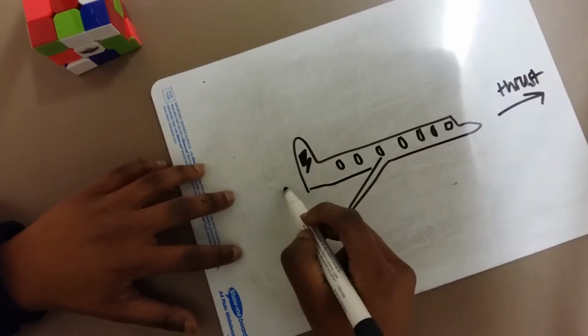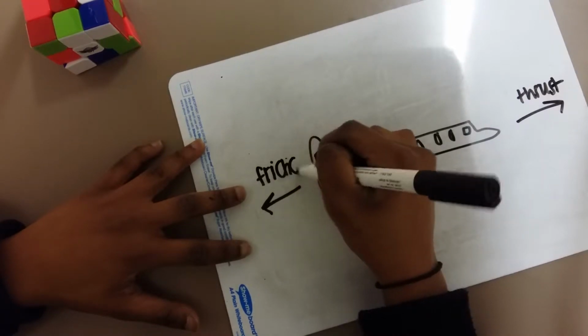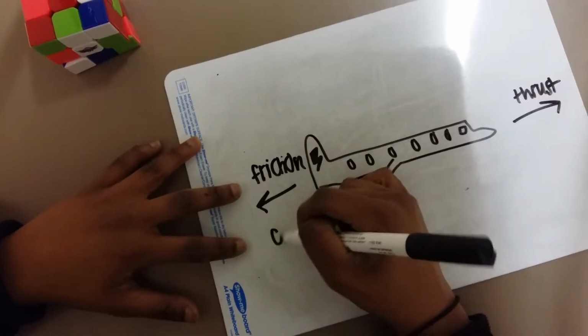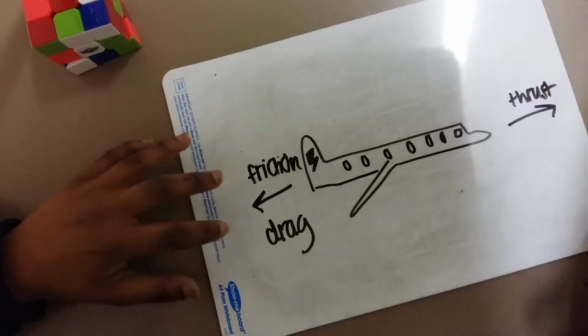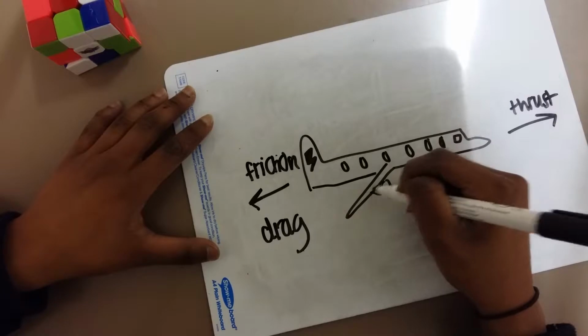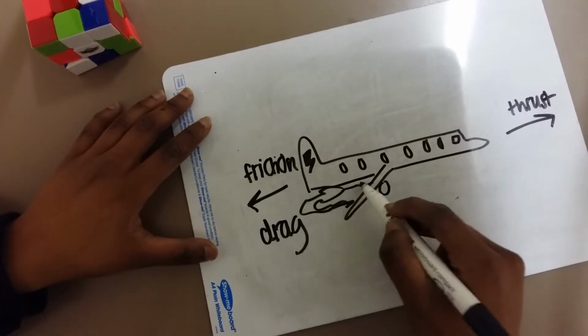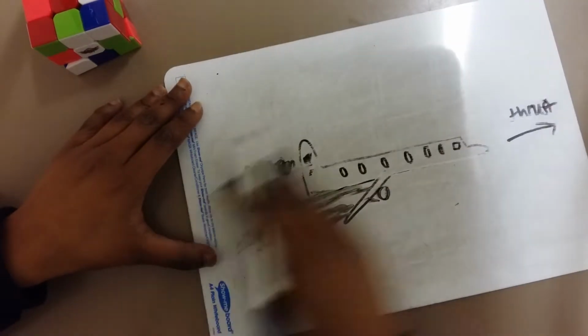We have our air friction doing the same thing. This air friction can be called drag. And it's moving in the opposite direction of the force being created by the plane's engines, which are so amazing that they're bursting into flames. Okay, that was not a plane crash at all.